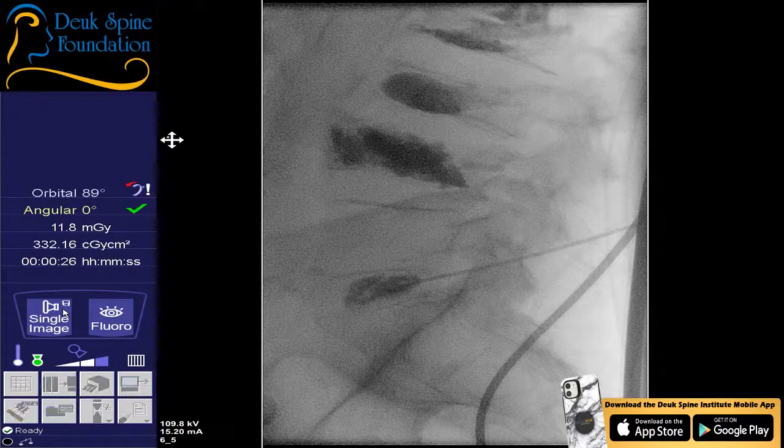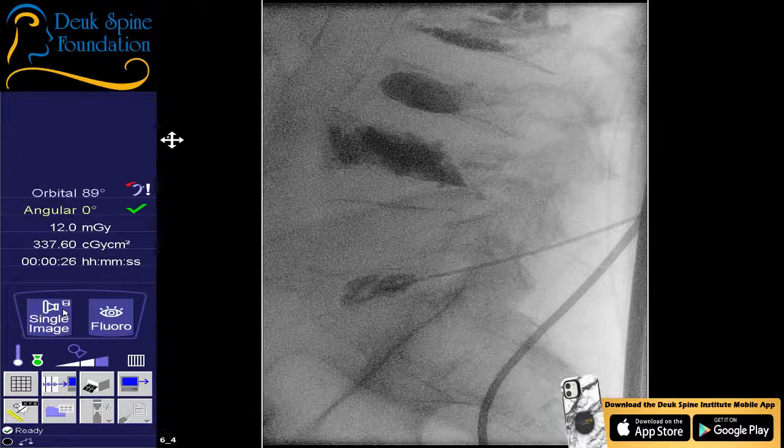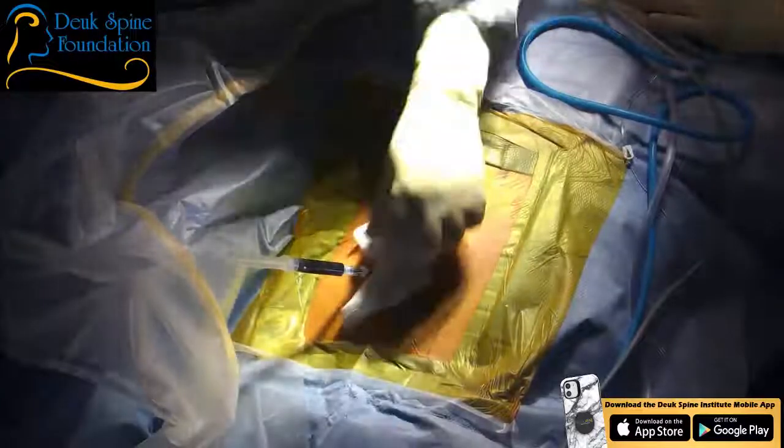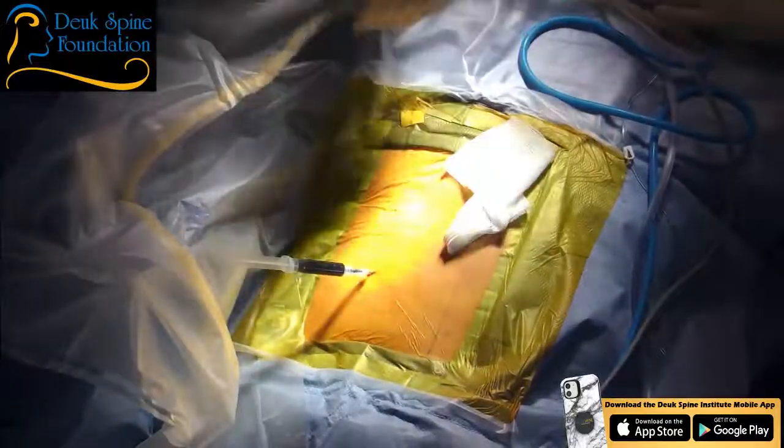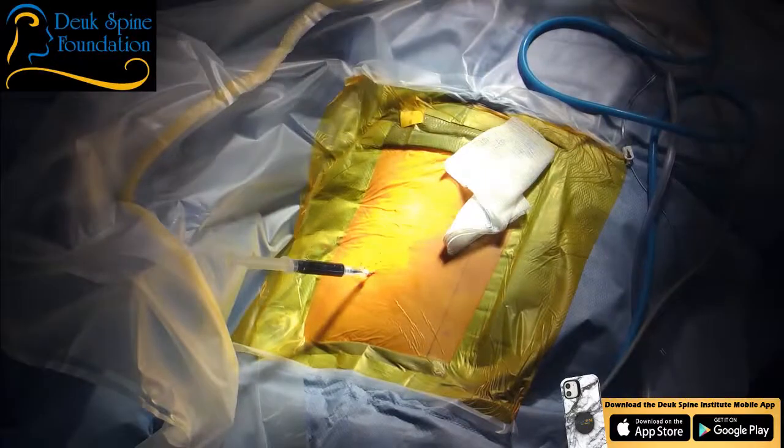You feel anything? Yes, it hurts back there. How bad did it hurt on a scale of 1 to 10? What's the worst it got? 8. Is that where you typically get pain? Yes. Concordant 8 over 10, L5-S1.